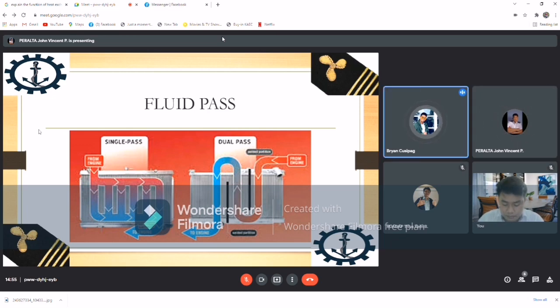Nakikita niyo naman sir na nanggaling yung ating fluid dito sa ating engine na lumabas siya dito at pumasok. Mainit yung tubig at lumabas siyang malamig kasi simply because dumadaan siya both from heating process to cooling process, to the next engine. So, ayun po.